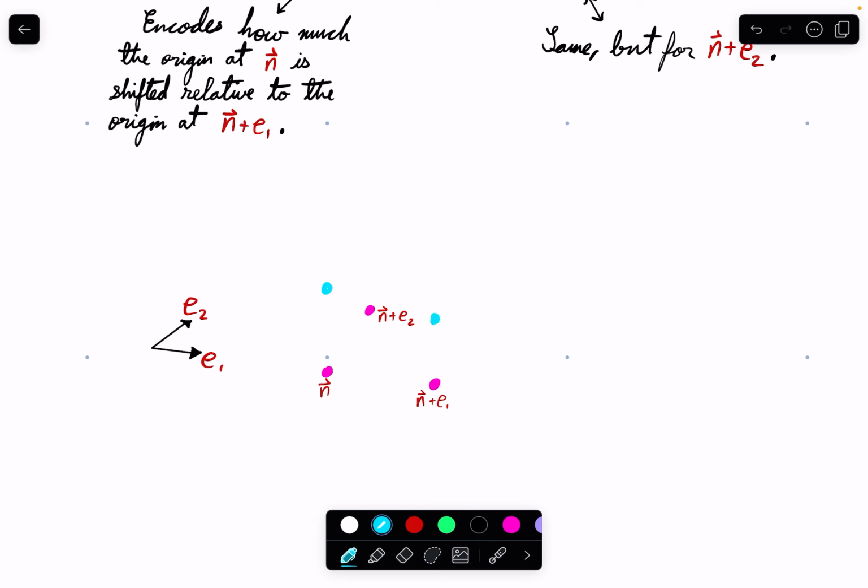We'll have them at different locations. So now there's a height between each one of these.